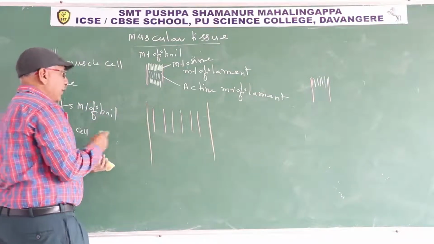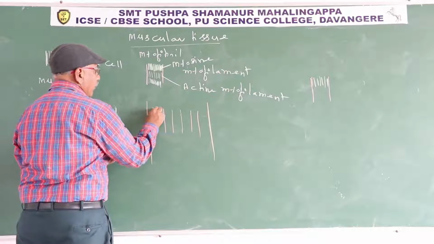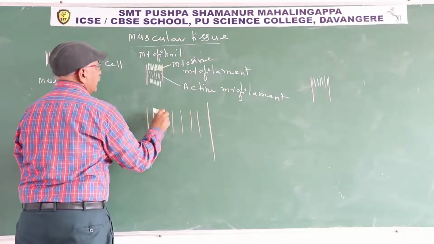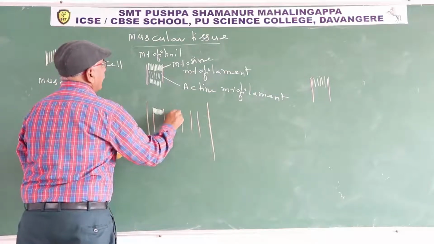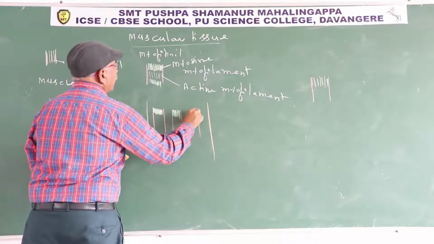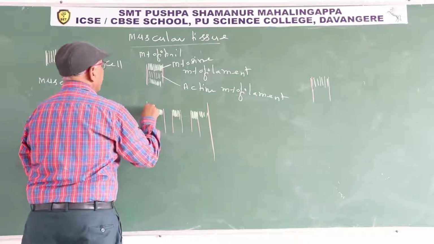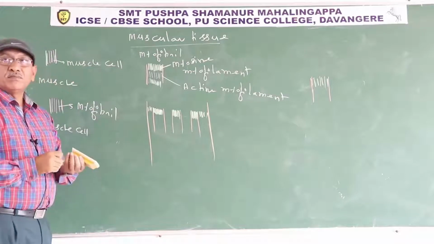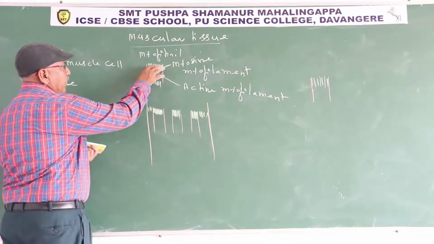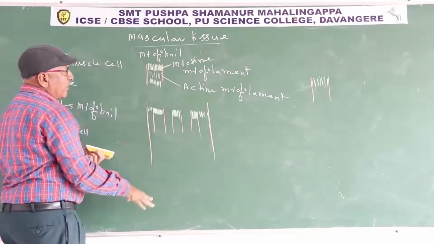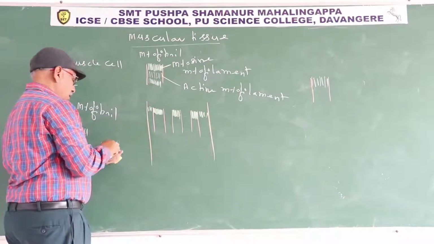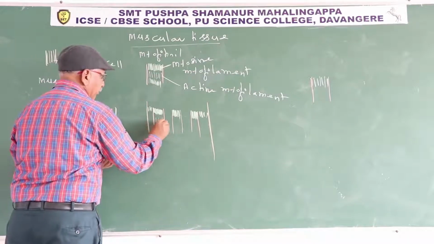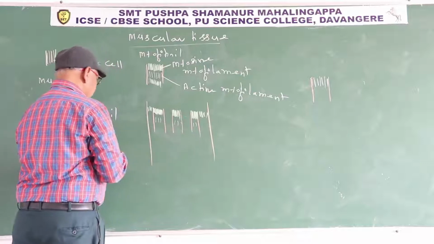In each myofibril, or in all myofibrils, in a particular area, myosin myofilaments coincide and appear as a line. In this manner, myosin myofilaments are present alternately. It is one line, later actin, again myosin.